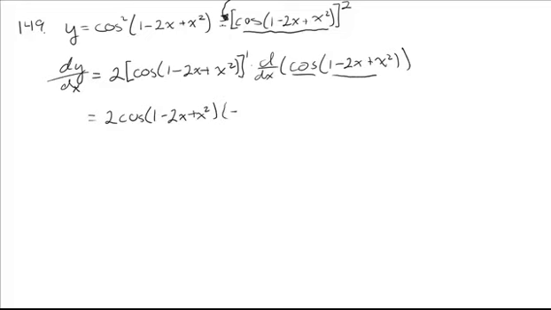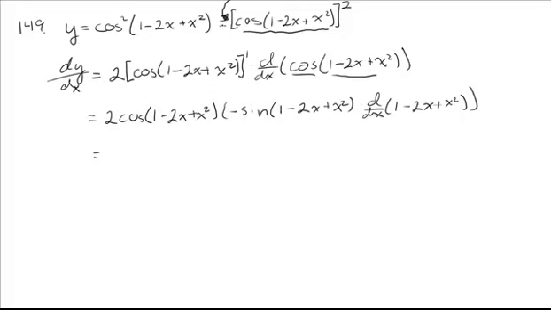So the derivative of cosine is negative sine. Once again, we leave the inside alone, 1 minus 2x plus x squared, and then times the derivative of the inside, which is this 1 minus 2x plus x squared. And that one is not so bad. We can just do it piece by piece.